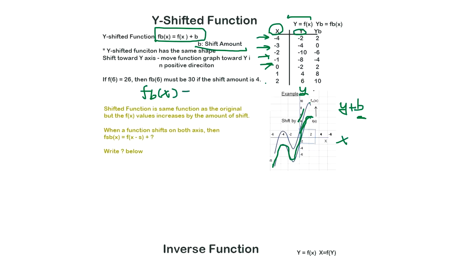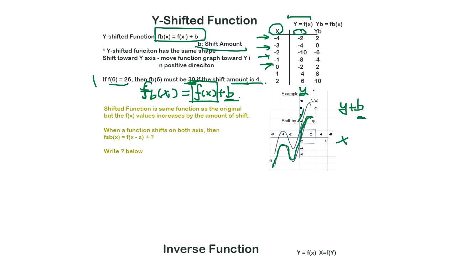Okay, so the shifted function is always f(x) plus b. Whatever value the function gives, you add b, and you get the shifted function's value. Okay, if f of 6 is 26, then the shifted function of 6 will be 30 if the shift amount is 4.